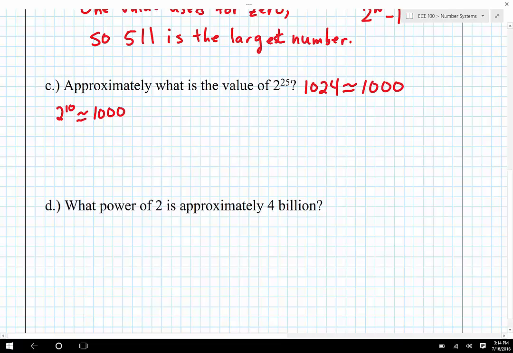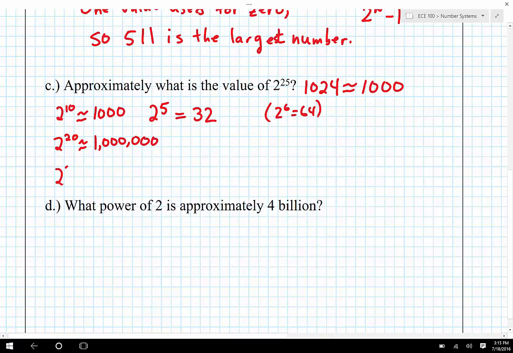And 2 to the 5th, we know, is exactly equal to 32. Remember that 2 to the 6th is 64. That's an easy one to remember with the 6's. Divide that by 2 and you get 32. And so 2 to the 20th will be approximately 1 million, because that's 2 to the 10th times 2 to the 10th.